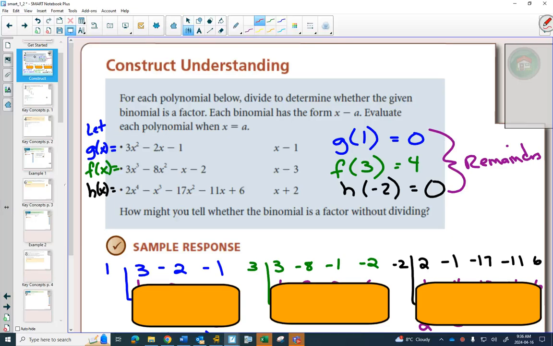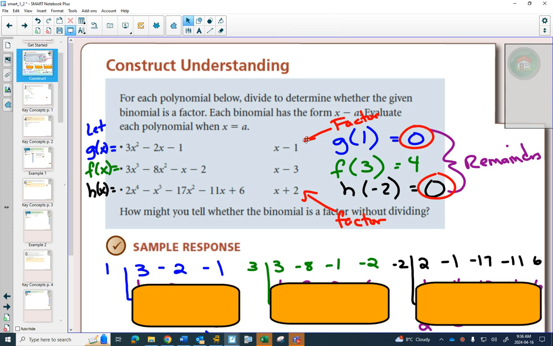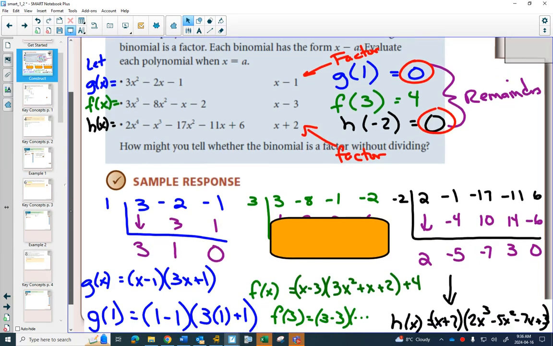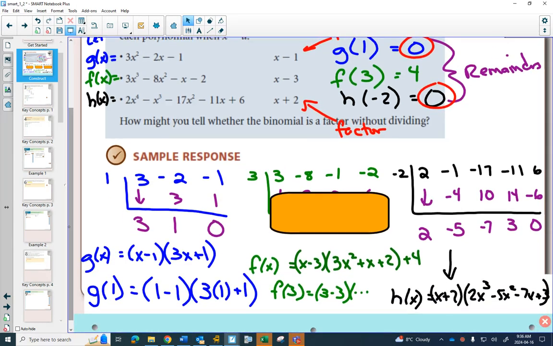When the remainder is 0, as is the case in the black one and the blue one, we found out that this was a perfect factor, that we have started to factor it completely.